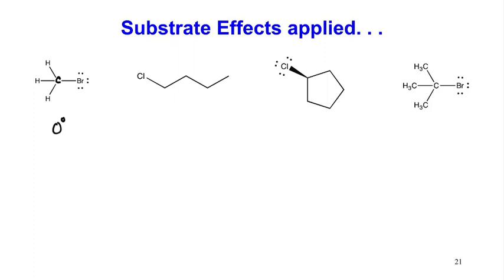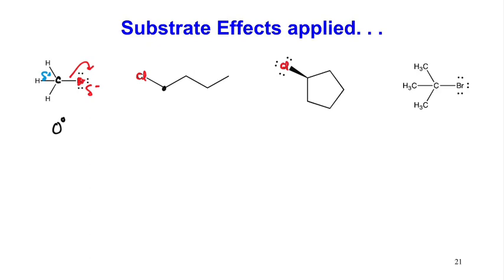Okay? If we move to the next one, where our alkyl halide is located, our focal point is on our electronegative element. How does that electronegative element affect the structure? Because it's electronegative, it withdraws the electrons, creating a partial positive and a partial negative.